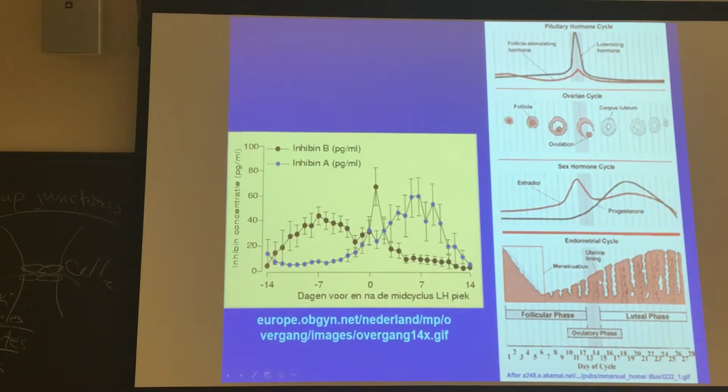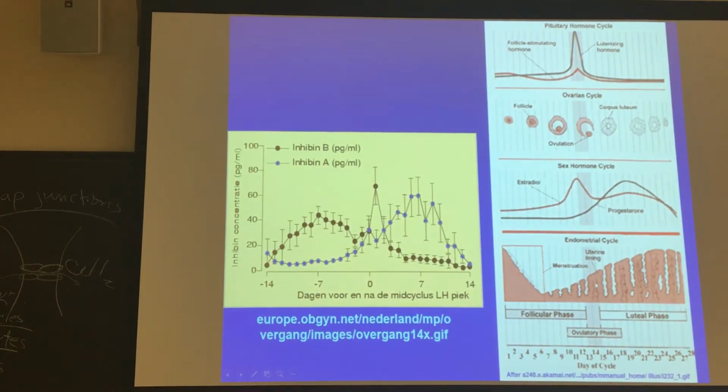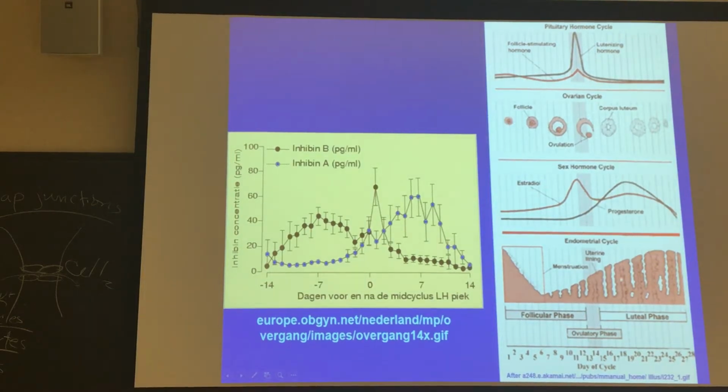And when it does begin to act, it stimulates the formation and deepening of these crypts and the formation of what are called spiral arterioles in the endometrial lining. So you've got blood flow now starting to occur in the endometrial lining.